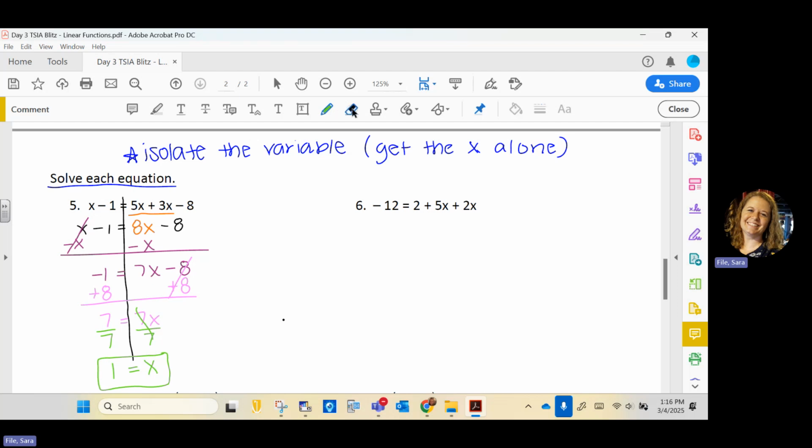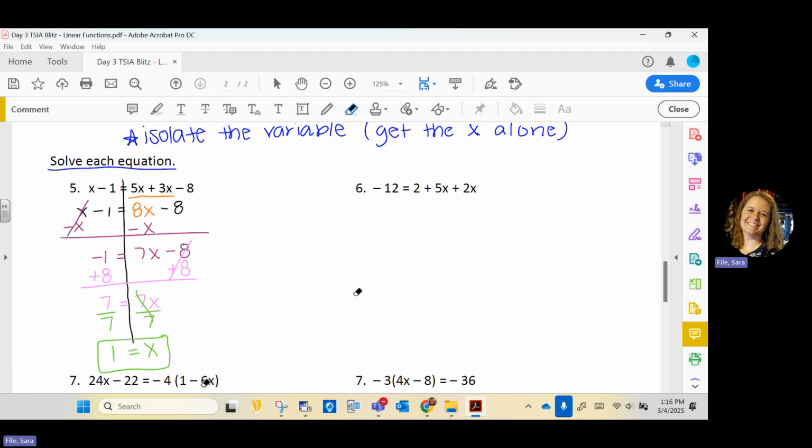Now remember, when you're solving for a variable, you can always check your answers by plugging the number back into the original equation. So if I took a 1 and I plugged it in up here, 1 minus 1 would be 0 on the left. And then on the right, 1 times 5 plus 3 times 1. So that would be 5 plus 3 is 8 minus 8.